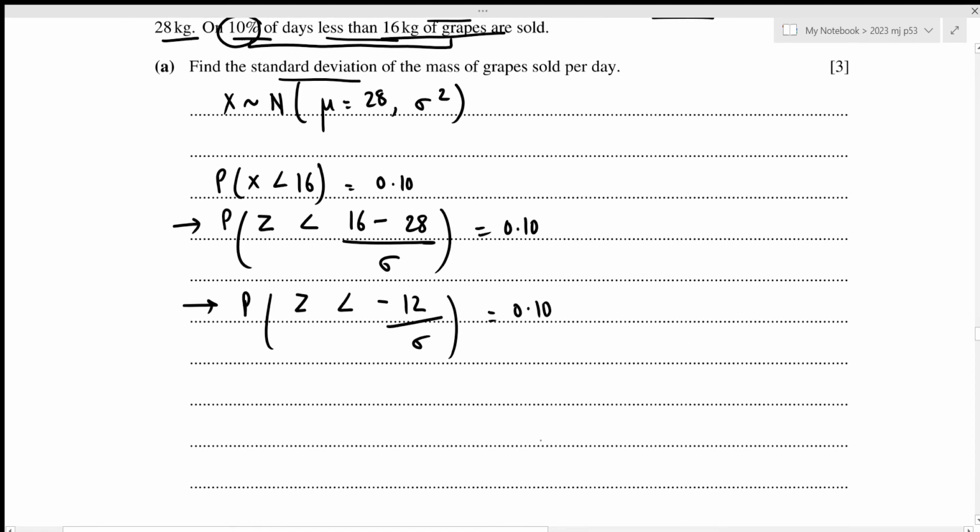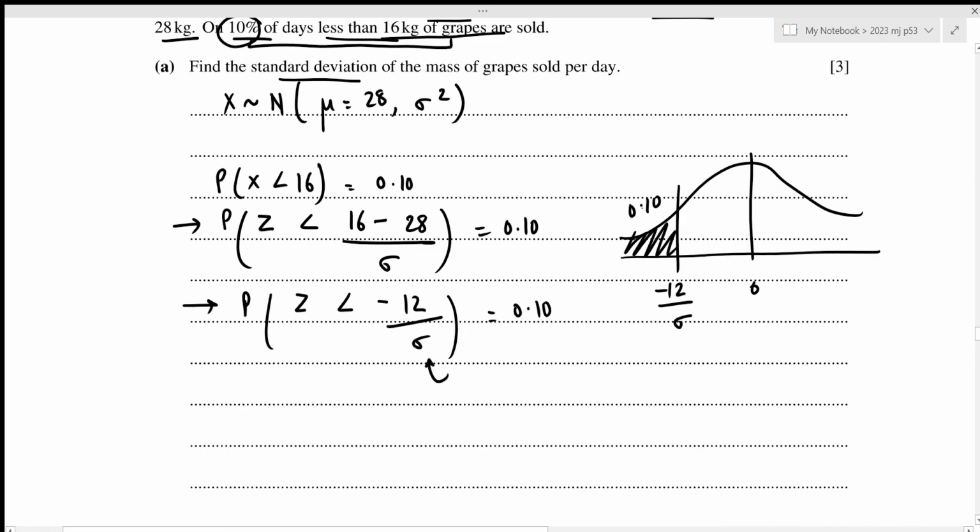Now we can draw our standard normal curve. Clearly this value is negative, right? So it falls to the left side from 0, maybe somewhere around here. And this probability is 0.10. Now the table will only give us the probability less than a positive figure, so we can flip this diagram because of the property of symmetry, right?